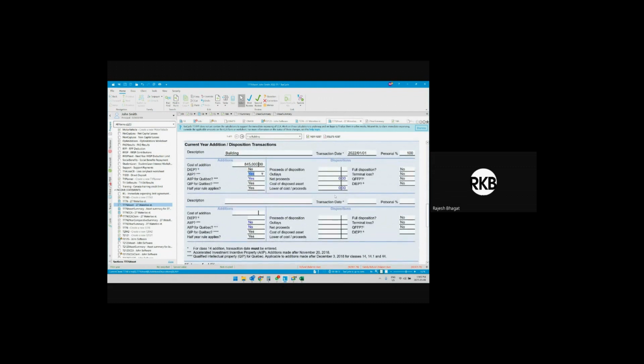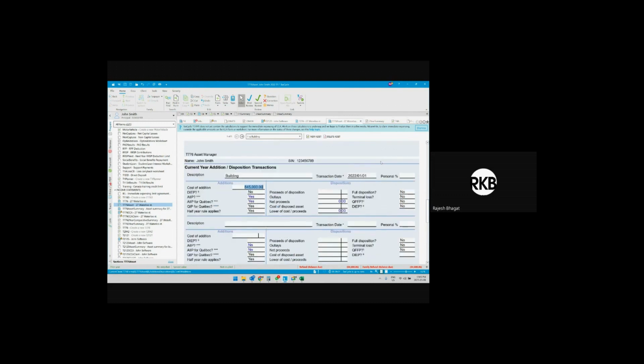Accelerated depreciation, no. Oh, personal use 0, sorry. So it's asking for personal use. Was this property used for personal purposes? For example, if you're only renting your basement, so the same property is used for personal use and for the tenant, in that case you will specify the percentage used for personal.